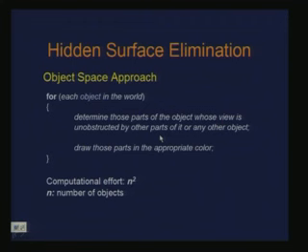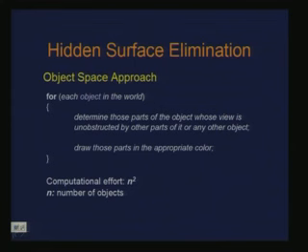And then you draw those parts in the appropriate color. So, the precision in which you will be working will be the precision with which you define the object. That is the difference.